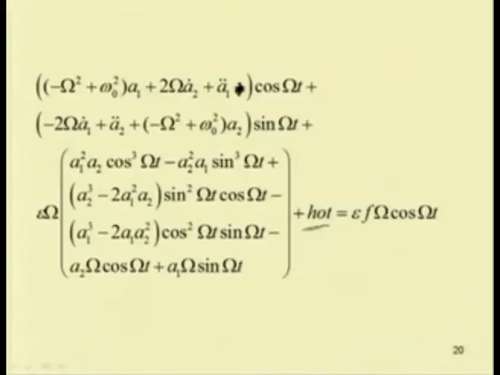Now we have to convert this cos cube omega t term, sin cube omega t terms, and the sin square omega t cos omega t and cos square omega t sin omega t terms into the respective cosine and sine terms. For example, this cos cube t can be broken down by using cos 3t.